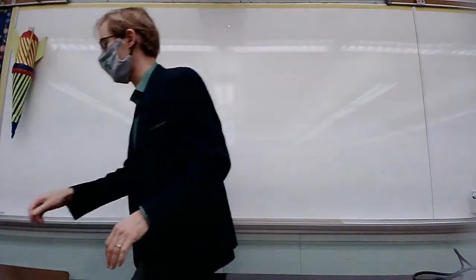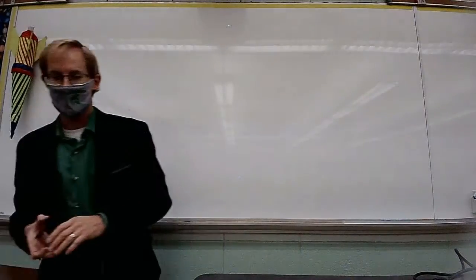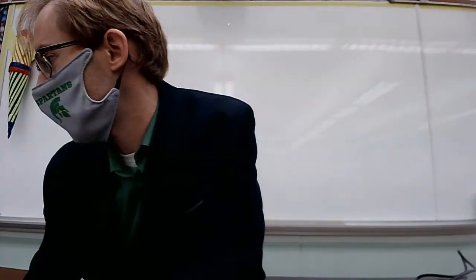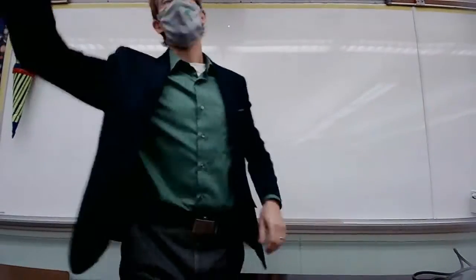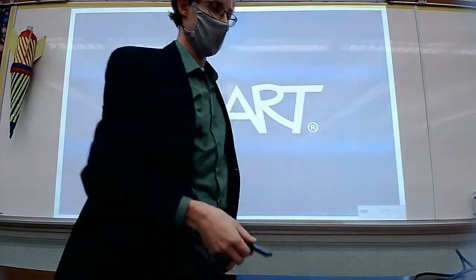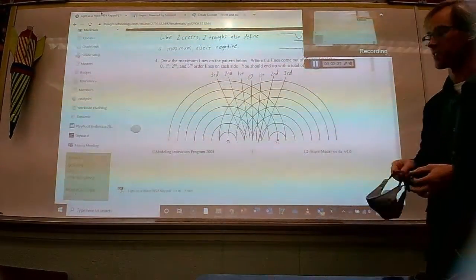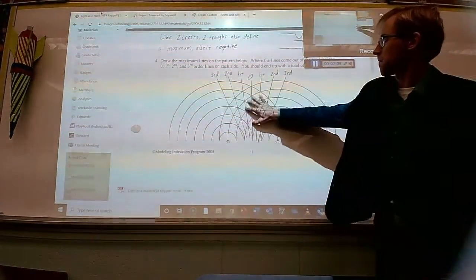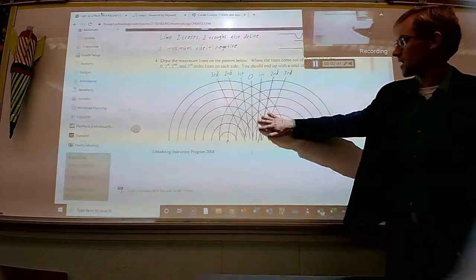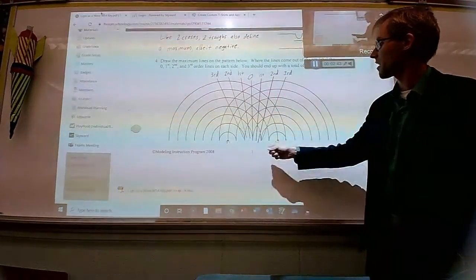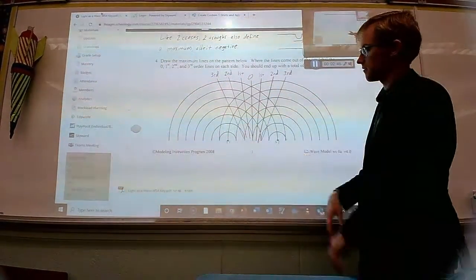I would like to call your attention to Exhibit 1, our Light as a Wave worksheet. Remember, from this worksheet, folks, number 4, when you drew these maximum lines here, these 2 wave sources were relatively far apart.